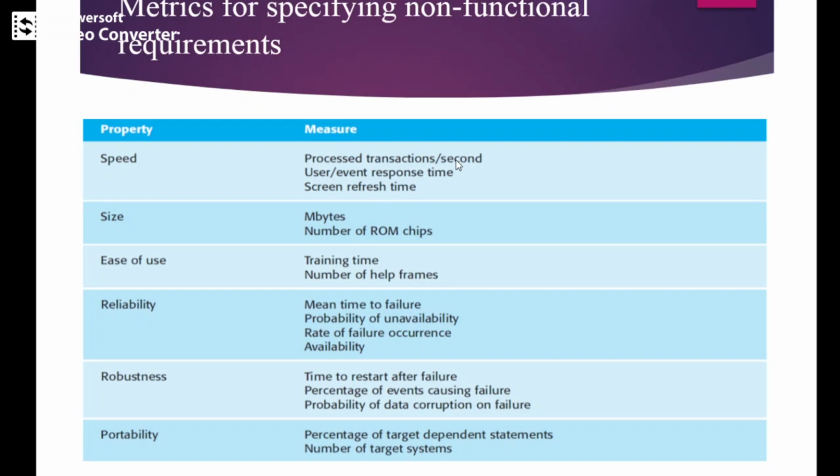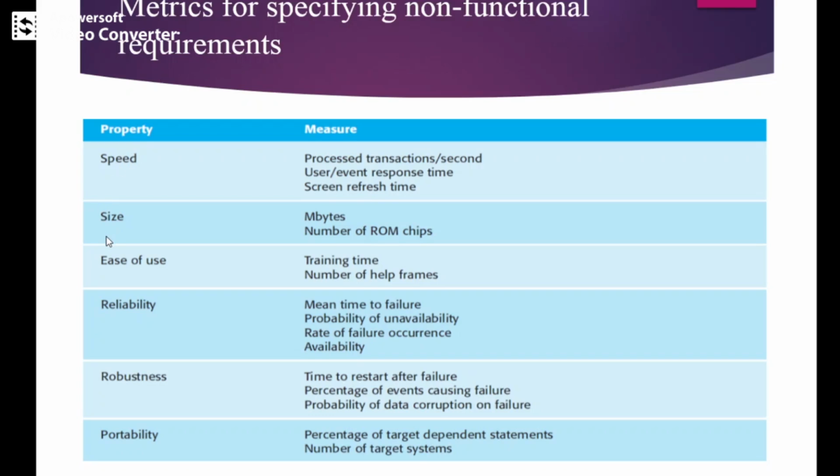Processed transactions per second: for one second, how many transactions can be processed by the system? User or event response time: suppose a user clicks on something, an event occurs. What is the response? You have to calculate the response time, how fast the response has been received. Screen refresh time also, which should be done in a fraction of a second.